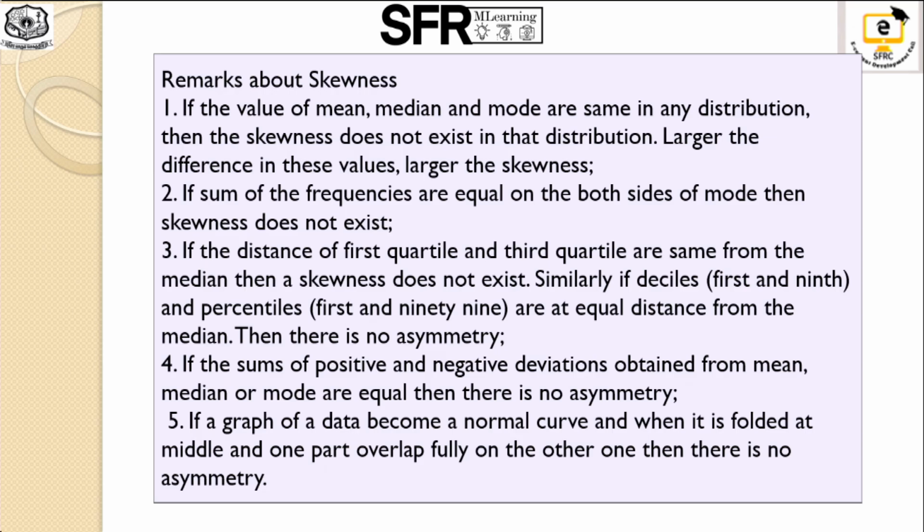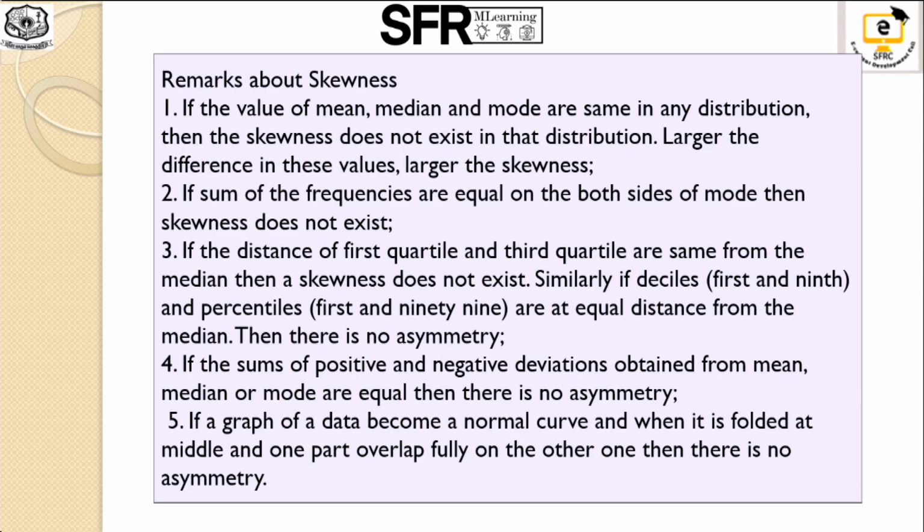First, if the value of the mean, median and mode are the same in any distribution, then skewness does not exist in the distribution. Already we say that when mean, median and mode coincide, the distribution is symmetric. Therefore, skewness does not exist in the given distribution.